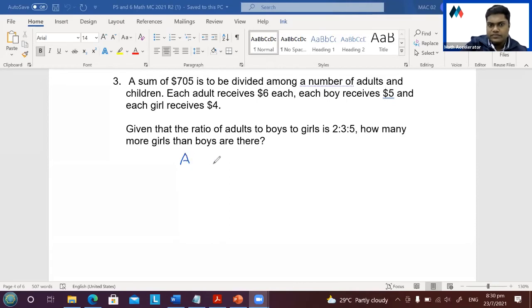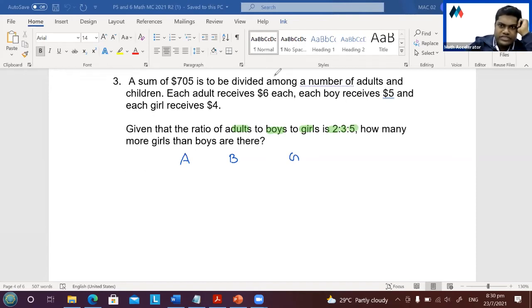Adults, children, no, boys and girls. Okay. So each adult receives $6, each boy receives $5, and each girl receives $4. So given that the ratio of the adults to the boys to the girls is 2 is to 3 is to 5, how many more girls than boys are there?